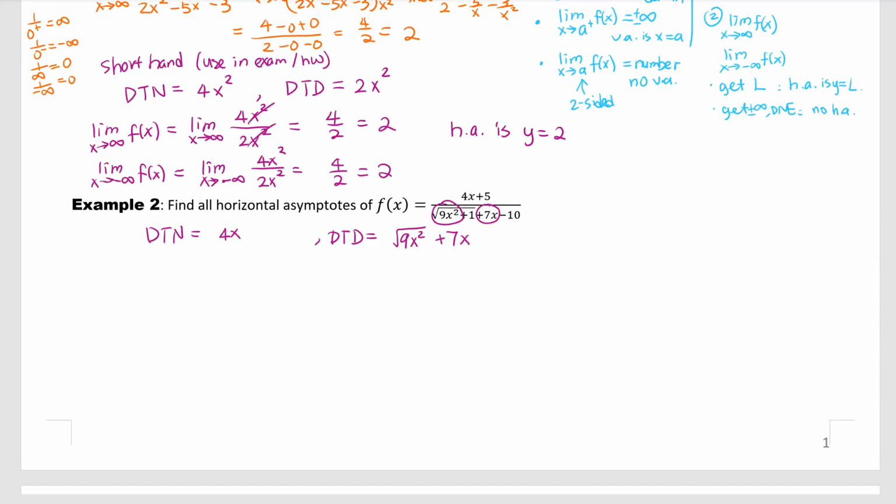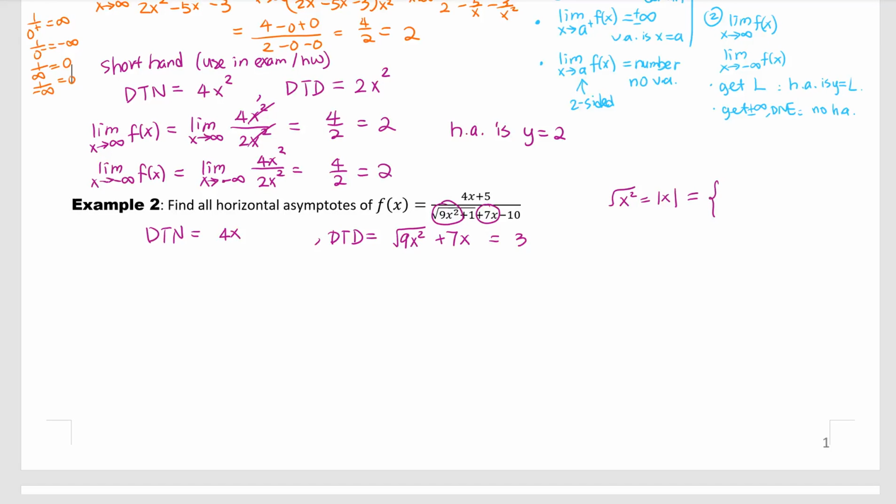So don't forget them. Okay, what is square root of 9? That is 3. And then do you know what square root of x squared is? Is this x? No, this is actually absolute value of x.